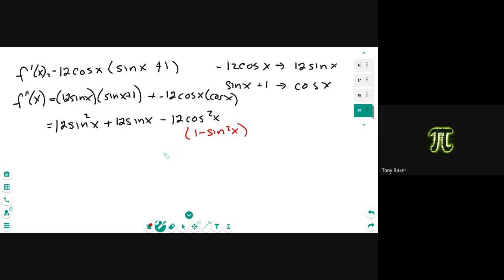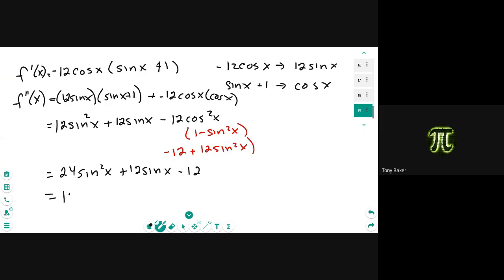So that means I have negative 12 plus 12 sine squared x, which gives 24 sine squared x plus 12 sine x minus 12.